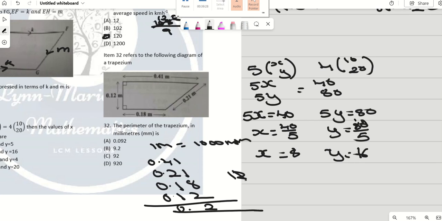So 0.92 meters. So we know if 1 meter is 1,000 millimeters, then 0.92 meters would be 0.92 multiplied by 1,000. Right, so we have to shift the decimal point 3 places. 1, 2, 3. So the answer would be D, 920 millimeters.